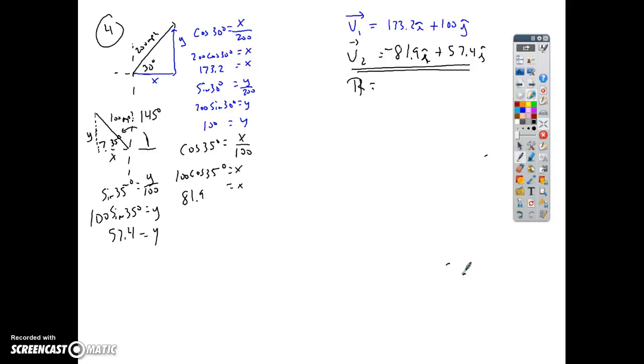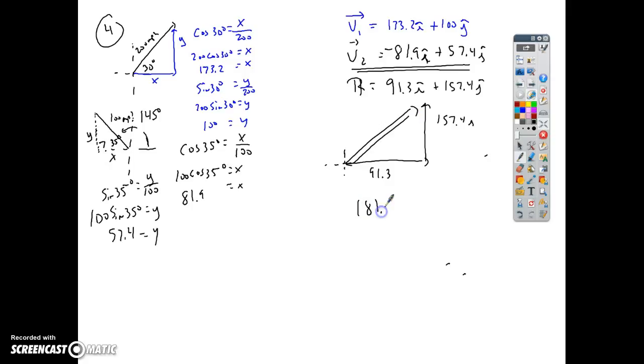173.2 minus 81.9 is 91.3 i hat plus 157.4 j hat. I got 91.3, 157.4. 91.3 squared plus 157.4 squared, square root, and I got 181.